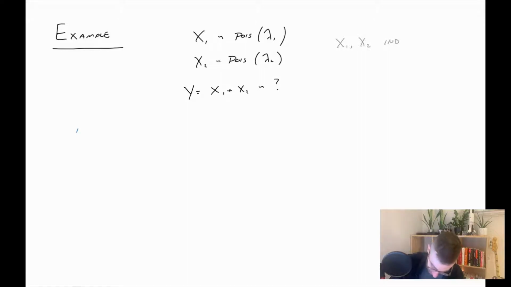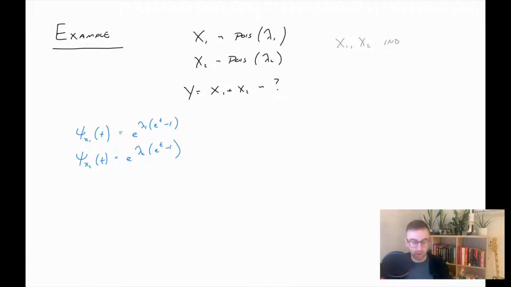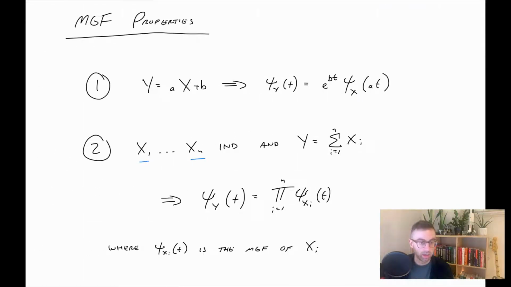That means that the moment generating function of x1 in this case is e to the lambda 1 times (e to the t minus 1). And then similarly for x2, we have e to the lambda 2 times (e to the t minus 1). Okay, so now we want the moment generating function for y. To get that, we will employ this right here.